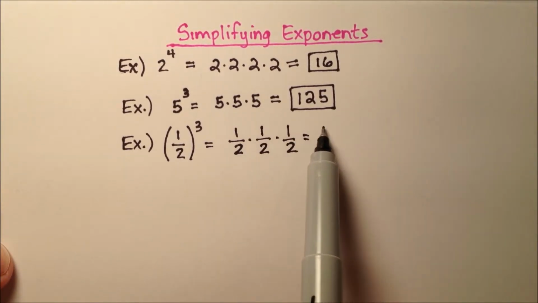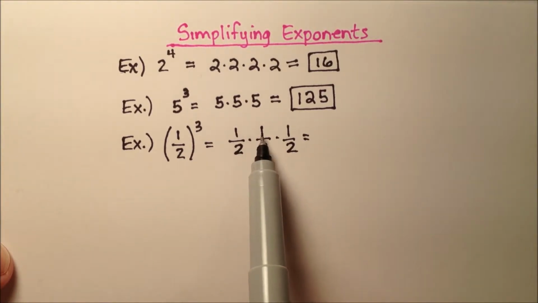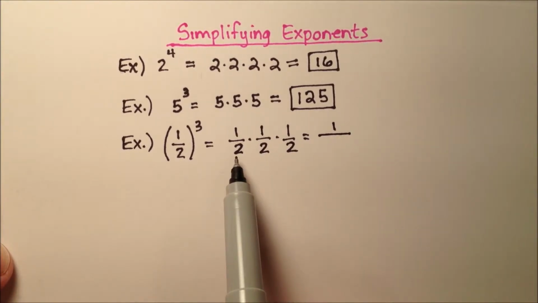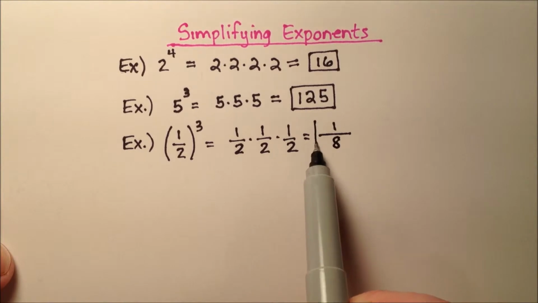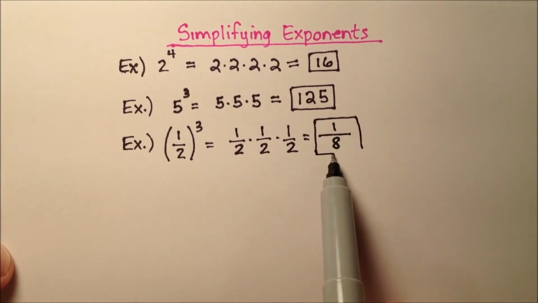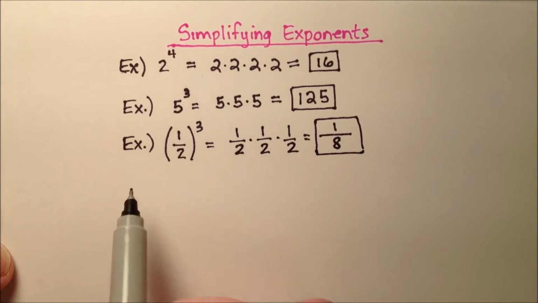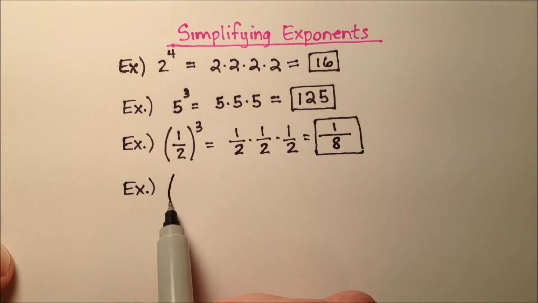We go straight across the numerator and straight across the denominator. So 1 times 1 times 1, well, that just gives me 1. And 2 times 2 is 4, times 2 is 8. So 1/2 to the power of 3 is really just going to be 1/8. Well, that's not so bad, is it?